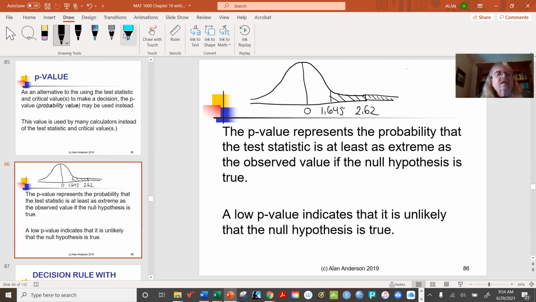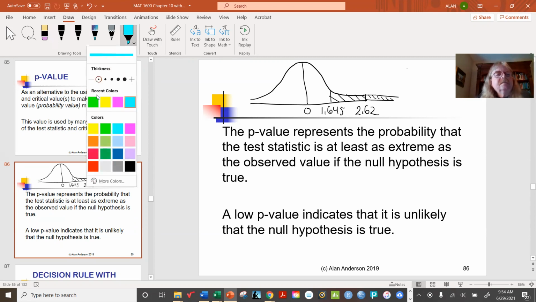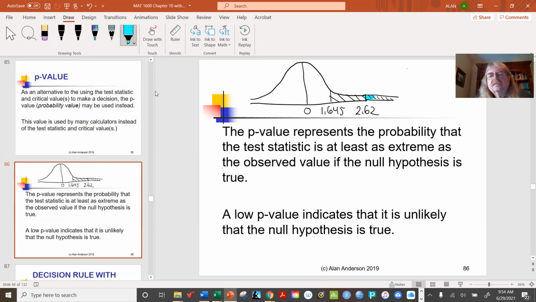This region here has an area of 0.0044. This is the p-value of our test.